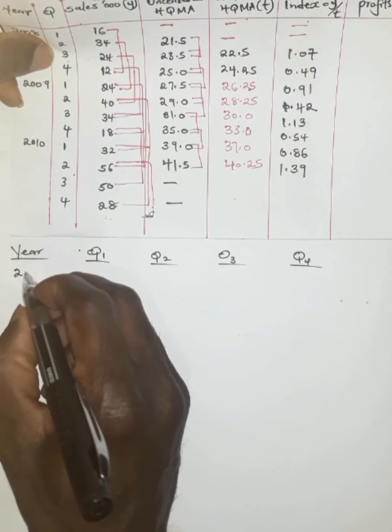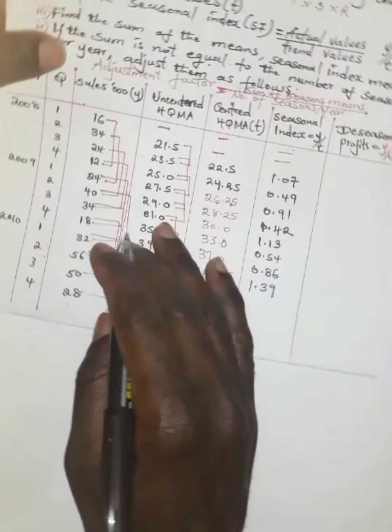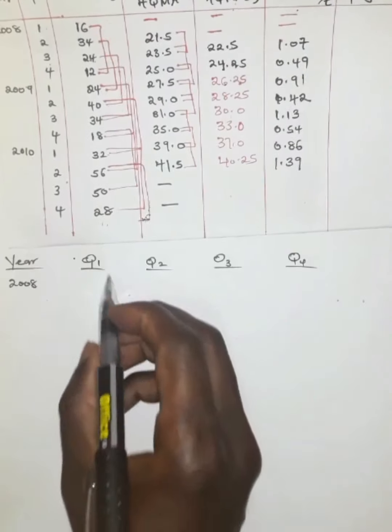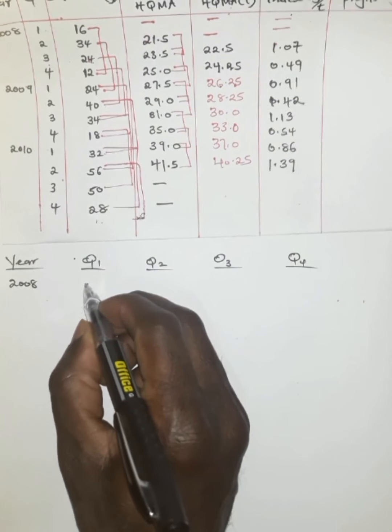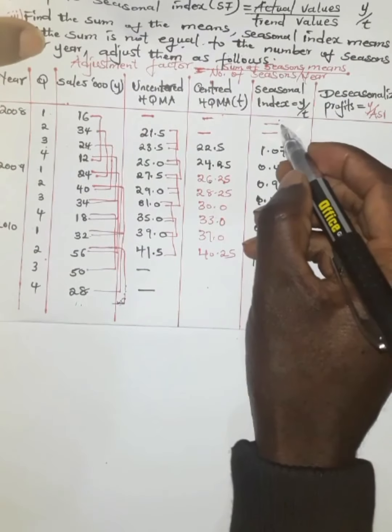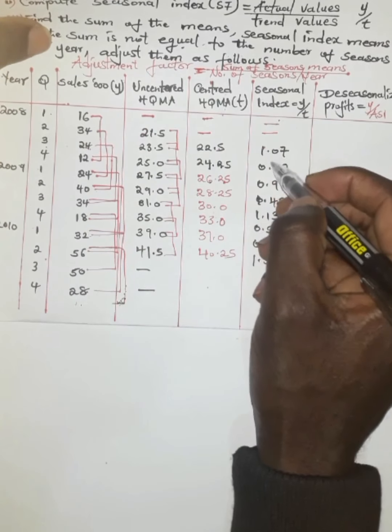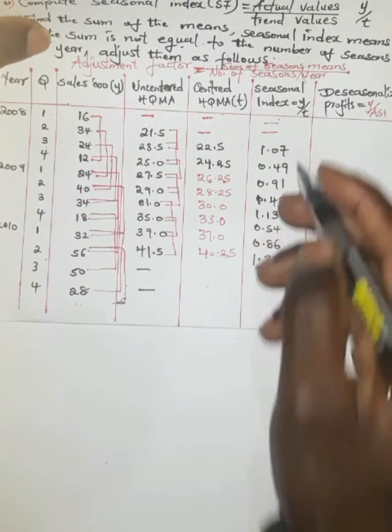So 2008, the first quarter, there's no seasonal index for quarter 1 and quarter 2 because we can never predict those particular variations. We talk about quarter 3 and quarter 4, these two.